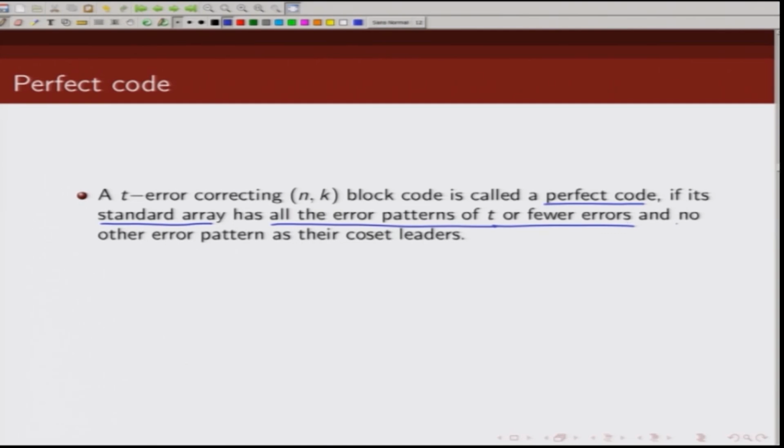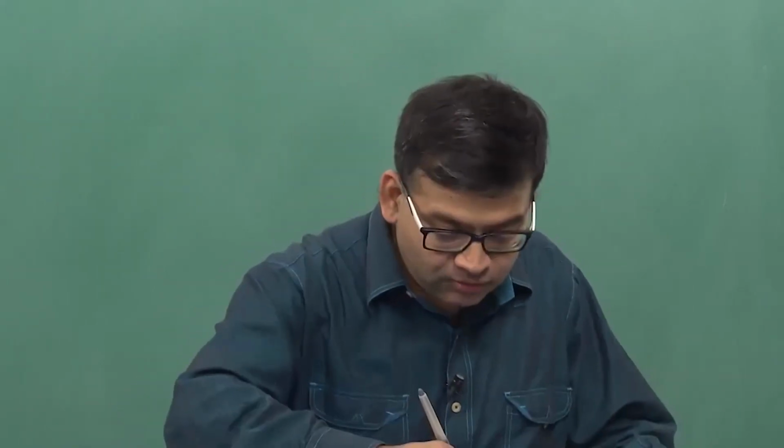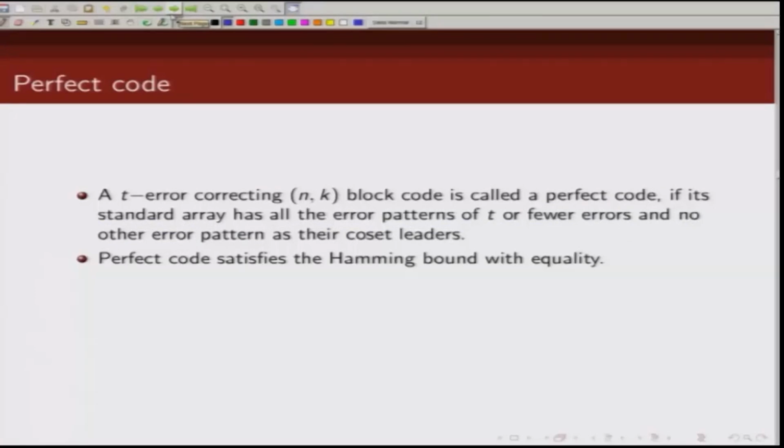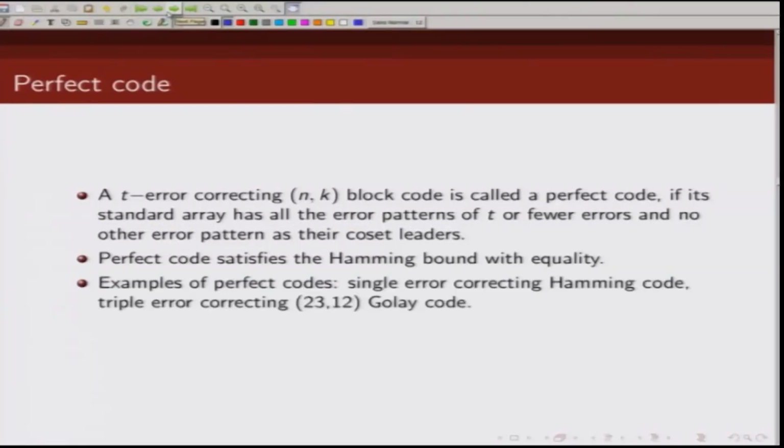So, it is important, no other error pattern except all error patterns up to weight T should be the coset leader. So, if Hamming bound is satisfied with equality, it is known as a perfect code. Examples of perfect codes are, for example, single error correcting Hamming code or triple error correcting 23, 12 Golay code.